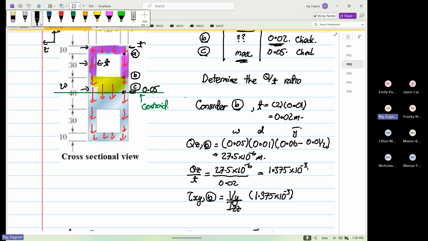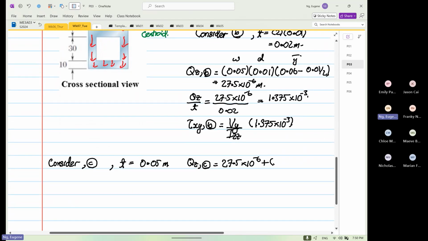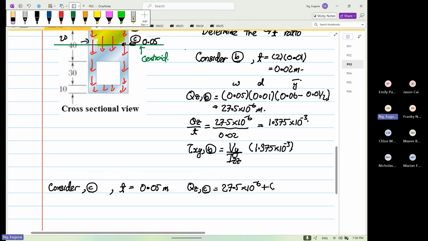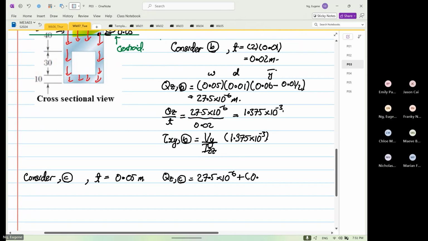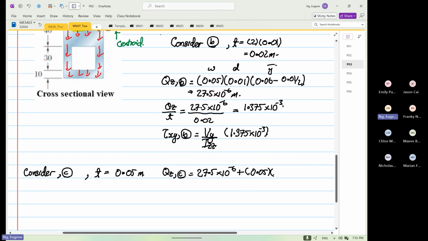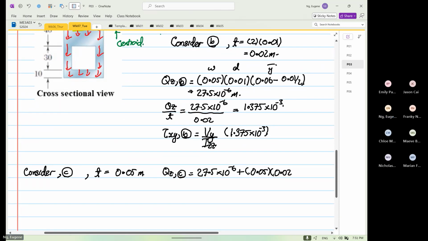So the width is 0.05. The depth is 0.02. The y bar is 0.02 divided by 2.